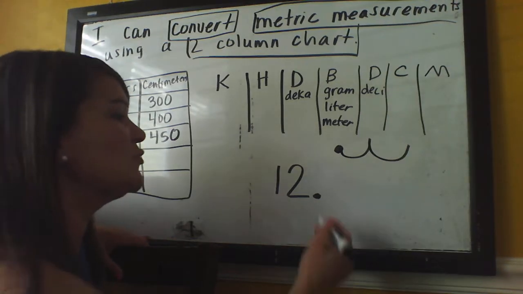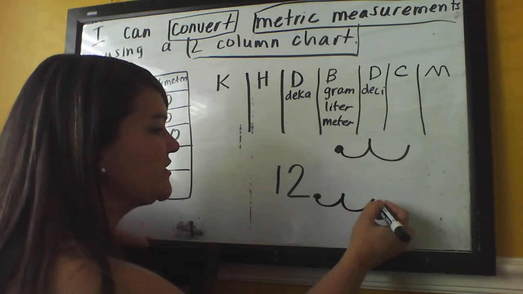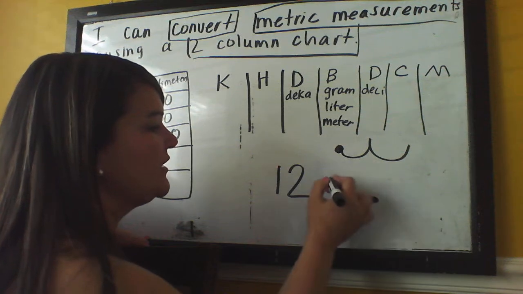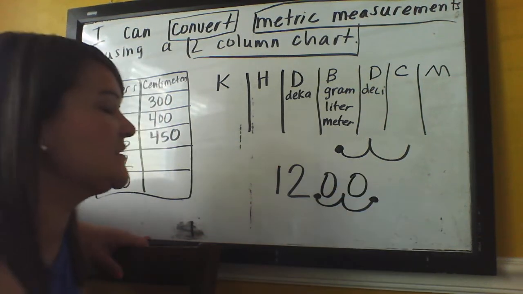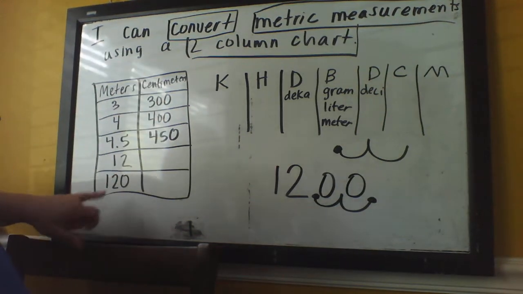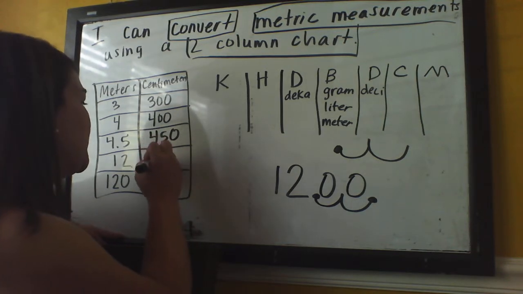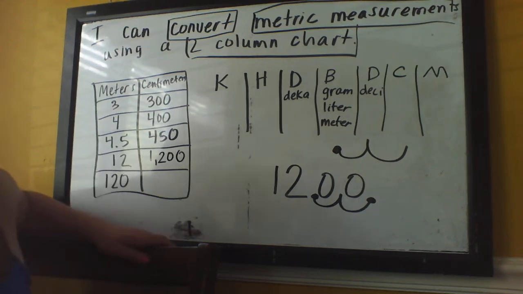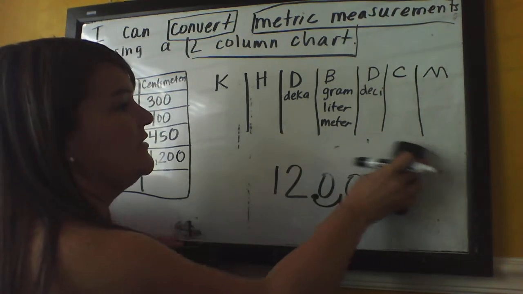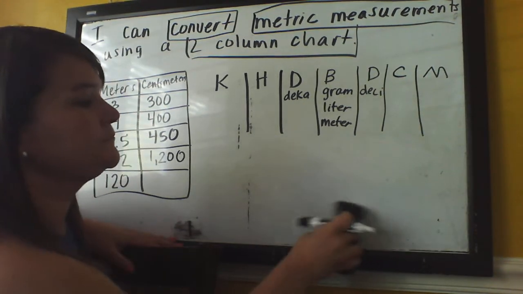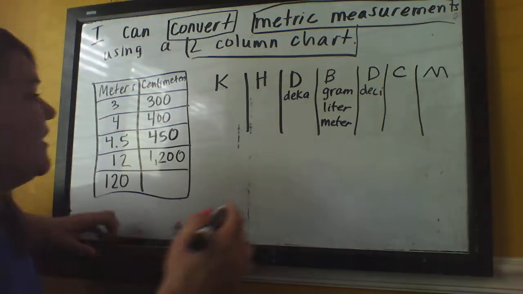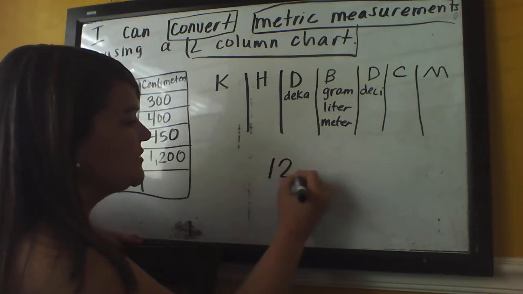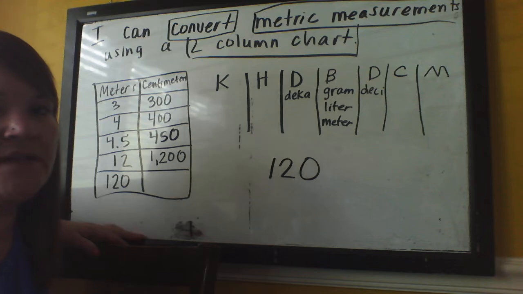You move your decimal 2 places to the right, which represents times 100. And I fill in my spaces with placeholders. So in 12 meters, there are 1,200 centimeters.